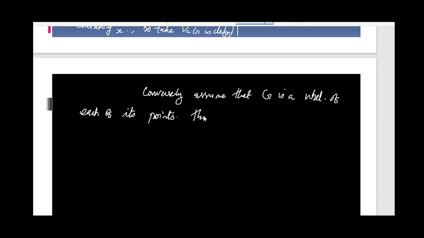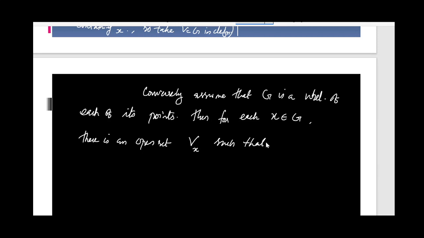Then for each x belongs to G, there is an open set. Let me name it as Vx, such that x belongs to Vx and Vx is contained in G. Then only G is a neighborhood, right?